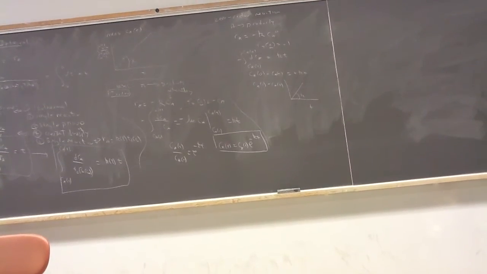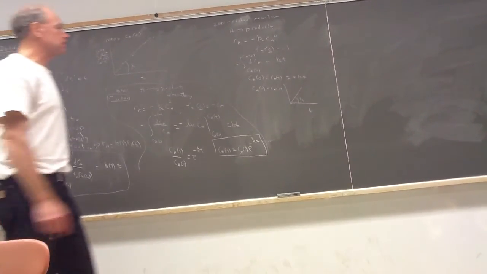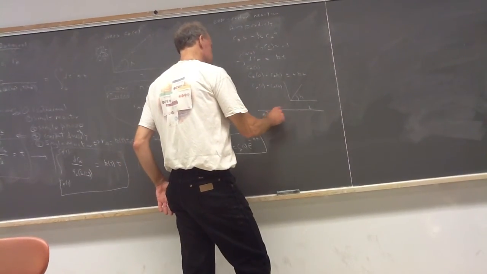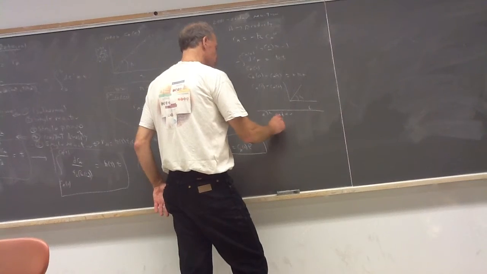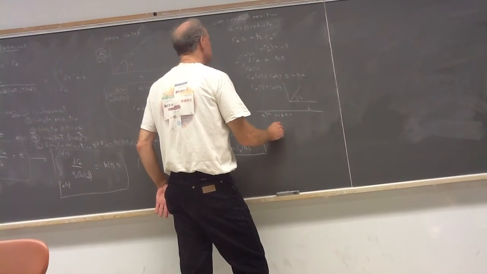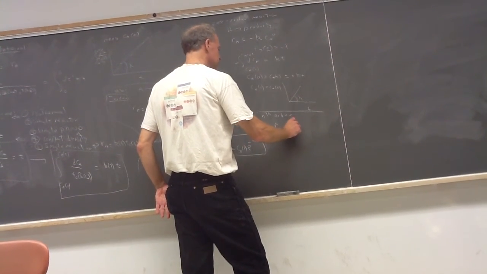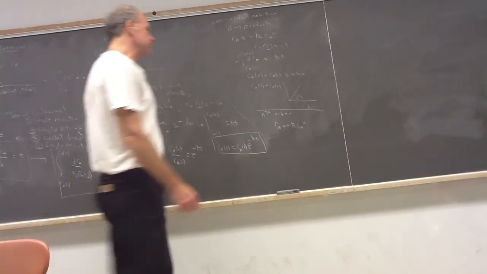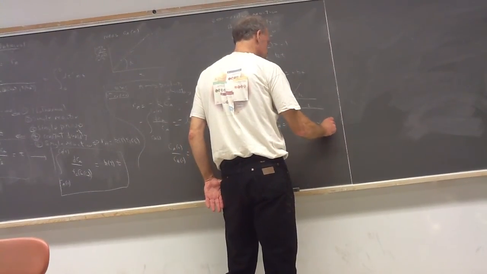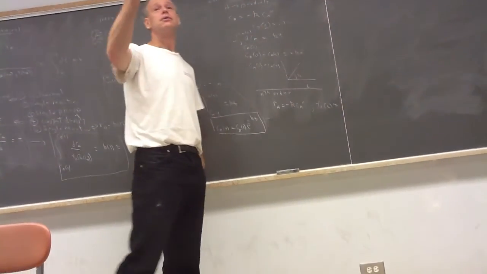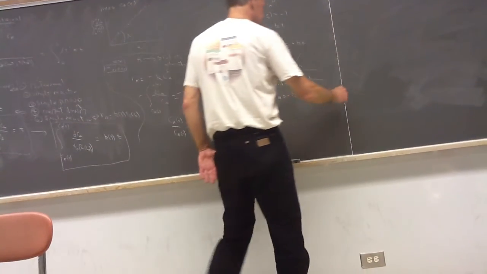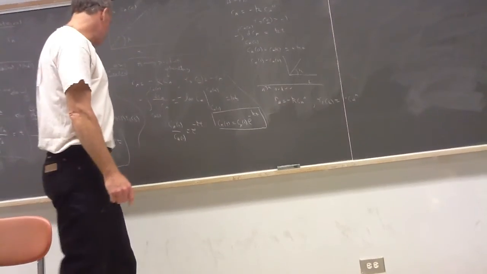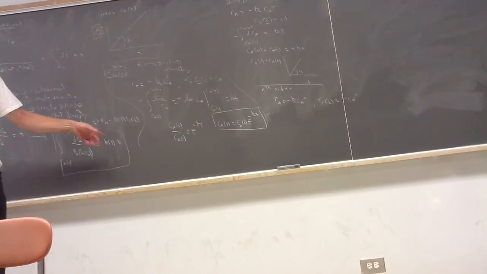Let's do one more example. Let's look at an nth order reaction. Nth order is, say I have Ra equals minus K Ca to the n. So what is F2 of C here? Minus Ca to the n. Okay, so I'm going to just automatically bring the minus sign to the other side so I don't have to worry about it.